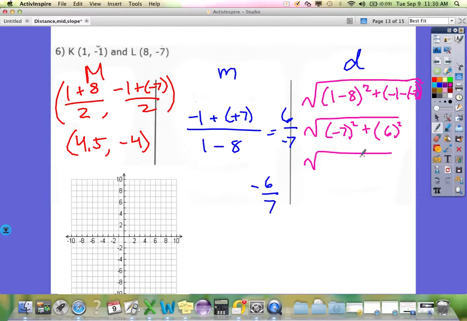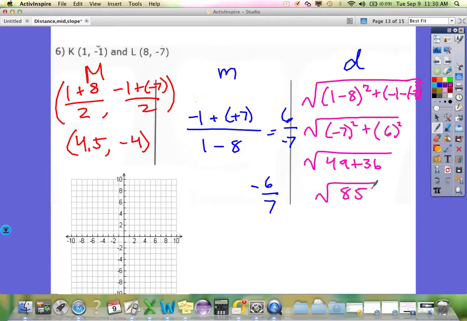And square those, so we get 49 plus 36. Add those together. Get 85. And I won't worry about breaking that down. You can go and try to do it.